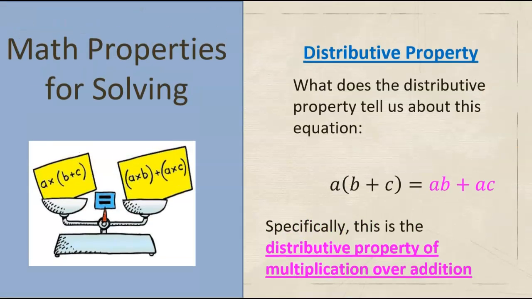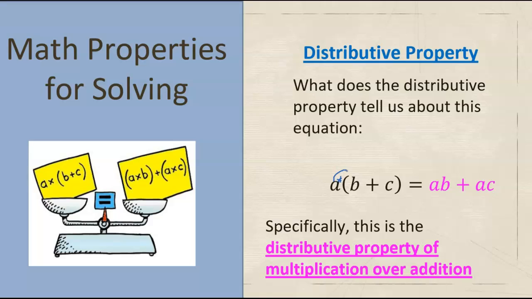So specifically, this is called the distributive property of multiplication over addition. Lots of words there. But why do you think we might call this multiplication over addition? Well, we are doing some multiplying and we're doing some adding. Let's see, we have multiply here.